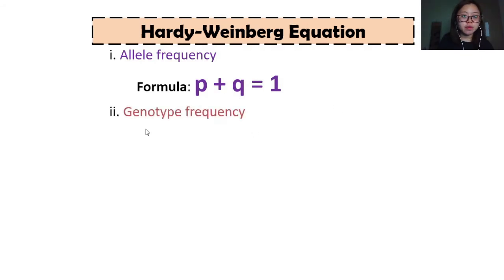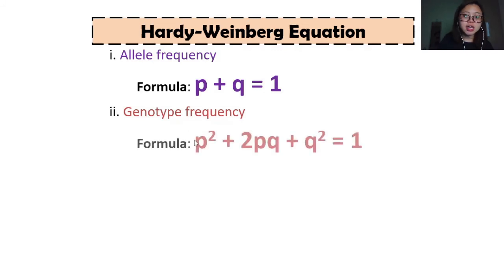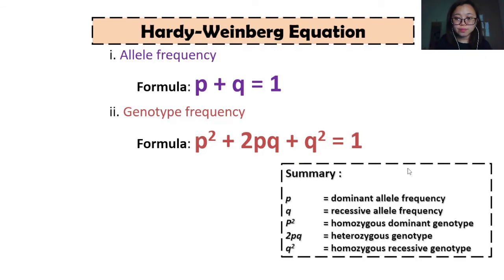And genotype frequency equation is P square plus 2PQ plus Q square equals 1. Dua-dua ini, yang purple dan yang merah, adalah Hardy-Weinberg equation. Okay, ini secara ringkas lah. This is why in 5.1, when I was telling you about the allele frequency and the genotype frequency, I was using P, Q, P square, 2PQ, and Q square.